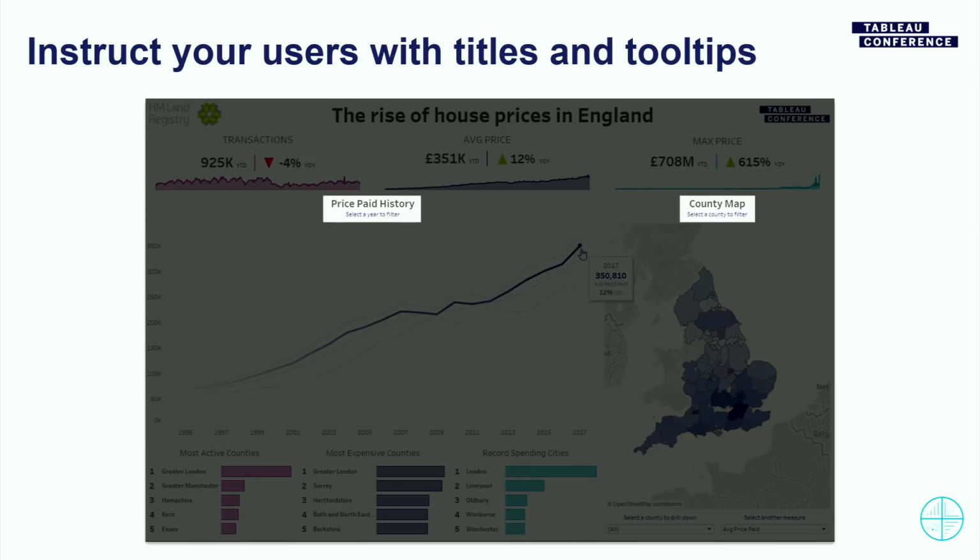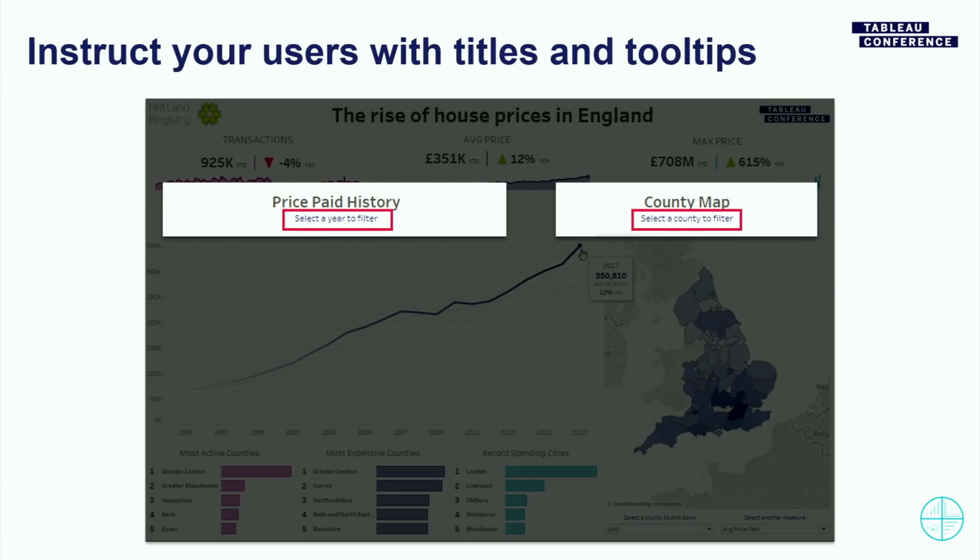You can also use titles and subtitles for your sheets. Here I've called out how you might want to interact with the sheets themselves, as well as framing what the sheet actually represents. Don't be afraid to call out the obvious.